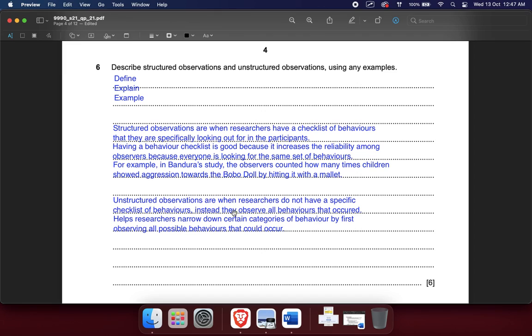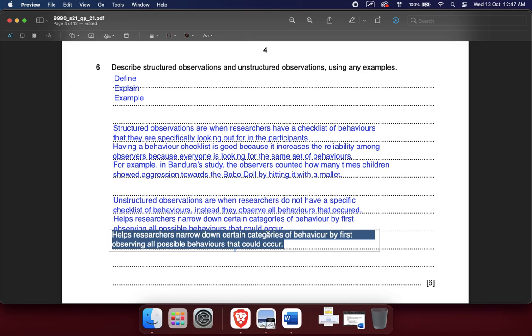Right? So if you don't know what categories to make, you need to do an observation, and from there you can make the categories more accurately. Right? So let's think of an example that used unstructured observation.